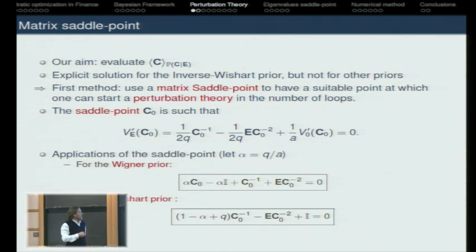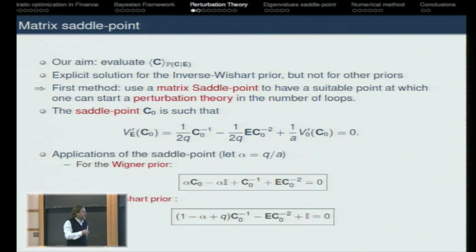And so you can write down the equation for the two priors we have, and in general for any potential like this. This is a matrix equation, but the only non-trivial matrix that appears is E. So if you work in the diagonal basis of E, this is a completely diagonal equation. So you'll get that the solution C0 commutes with E, essentially.